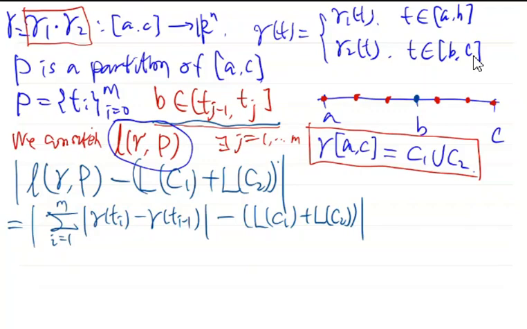And this sum can be written as the sum over i from 1 to j minus 1 and the sum over i from j to m.